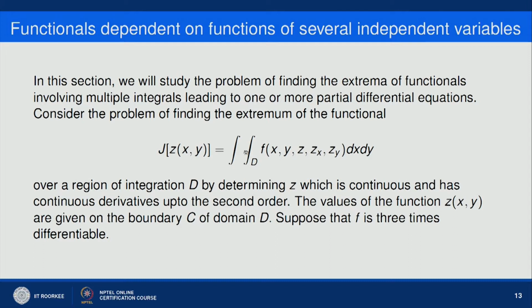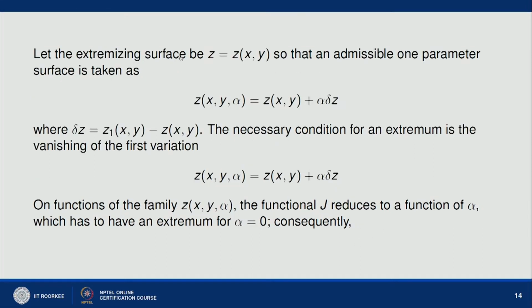We assume that the integrand f is at least two times differentiable; we could simply assume it is three times differentiable, but I think only two-time differentiability is required here. So what we want is to find an Euler kind of condition.